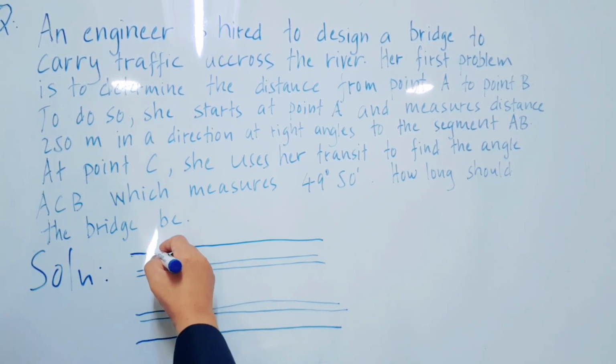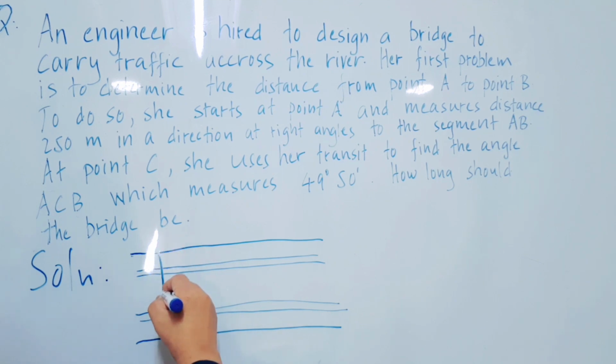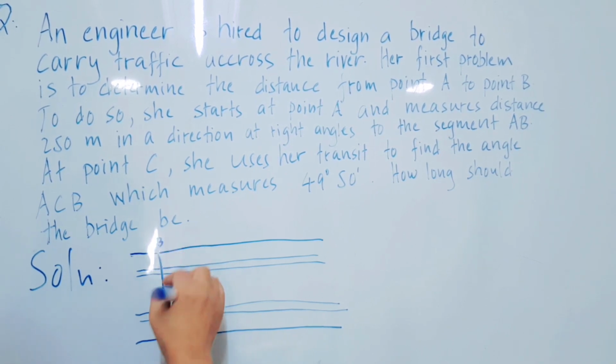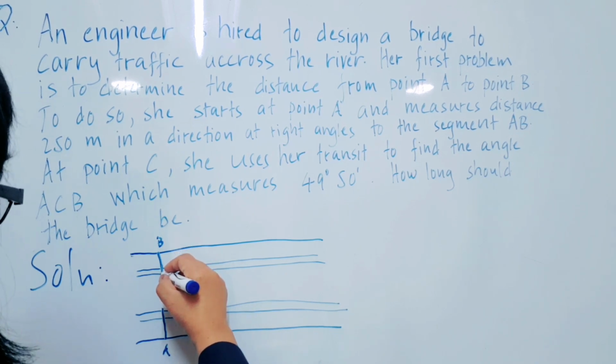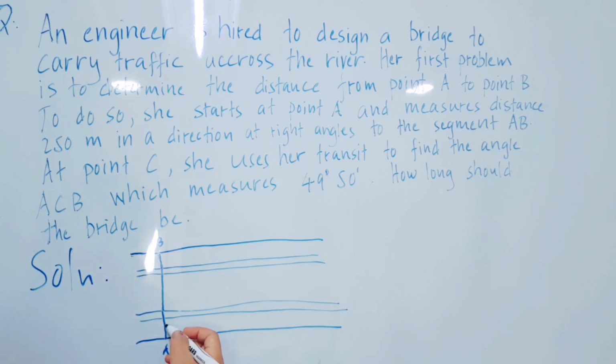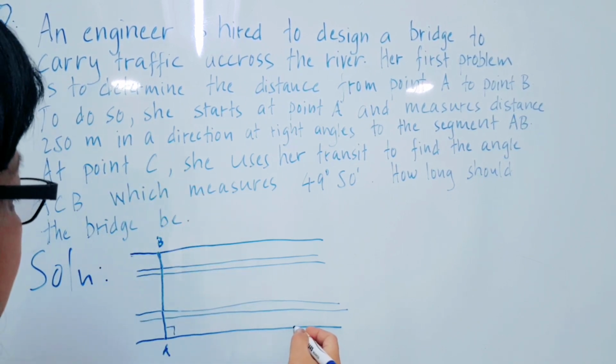Now, from the segment A to B, this is a straight line actually. So we have, start from point A. It measures a distance 250 in a direction at right angles to the segment AB. So at right angles, this will become a right angle here. So from here to here is 250 meters.